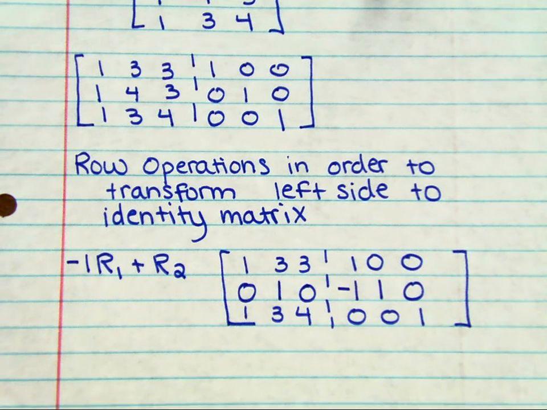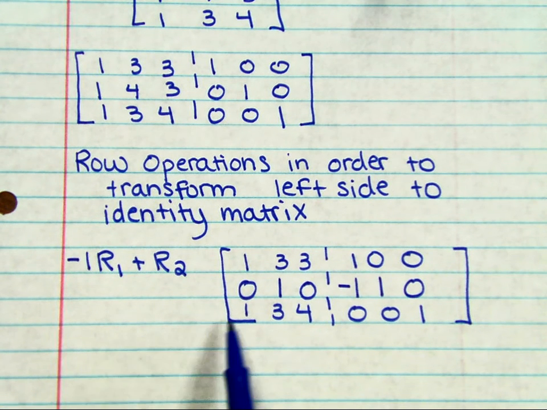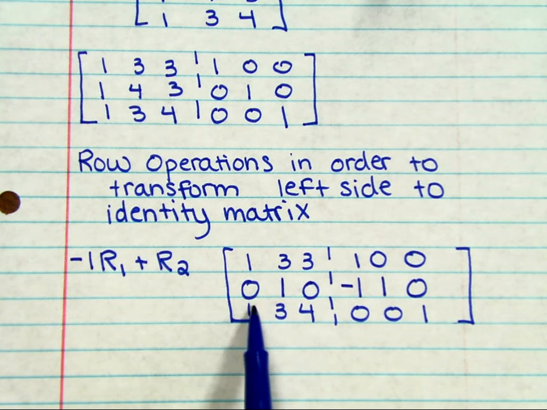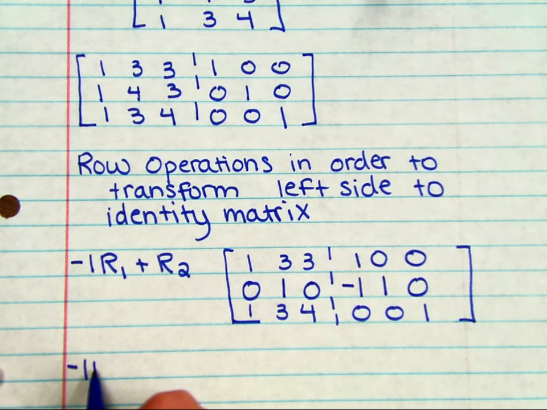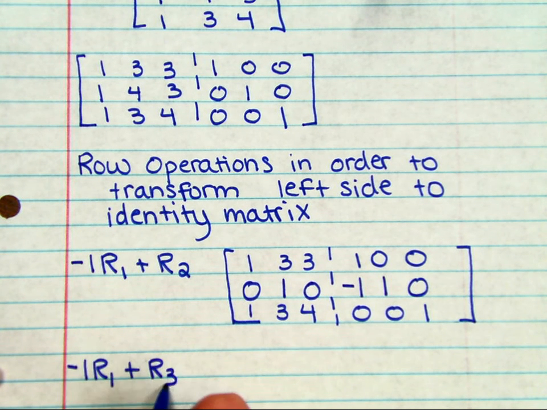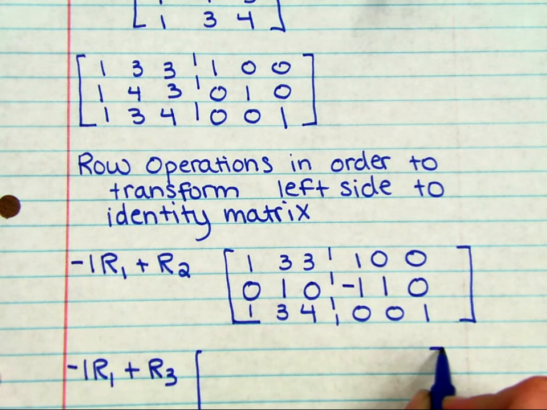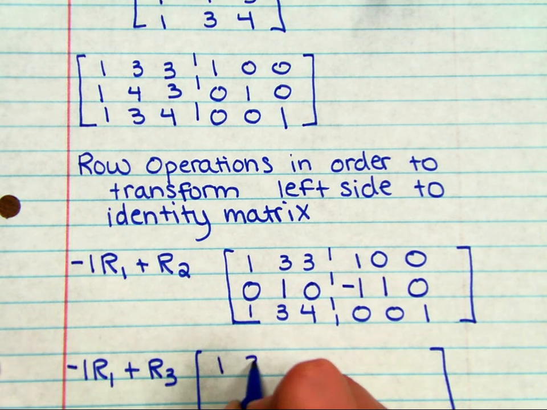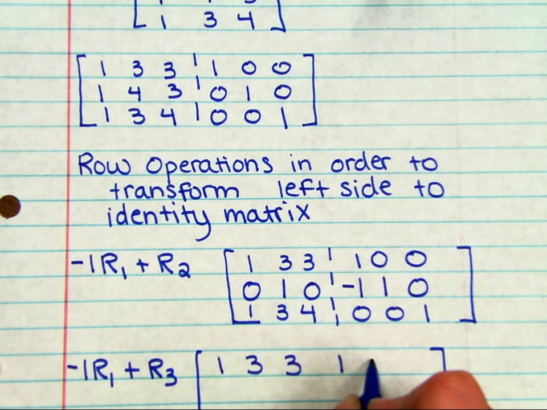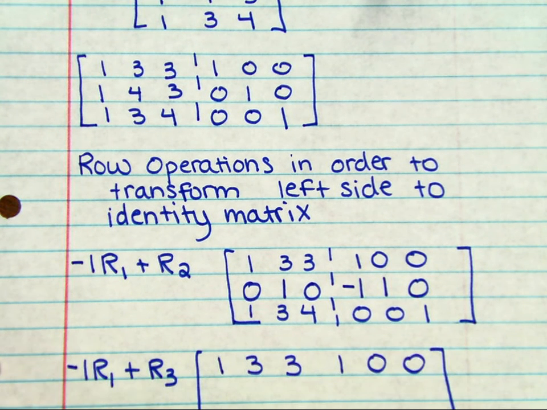So now, I think I'm going to work on getting this to be a 0. So now I'm going to do negative 1 row 1 plus row 3. And again, this is just like the row operations we already did. So my row 1 is not going to change. I'm going to go ahead and write down what I had there. And my row 2 is not going to change.